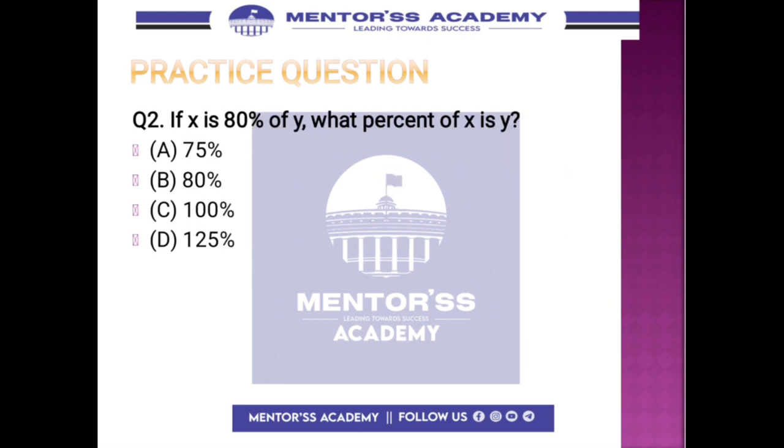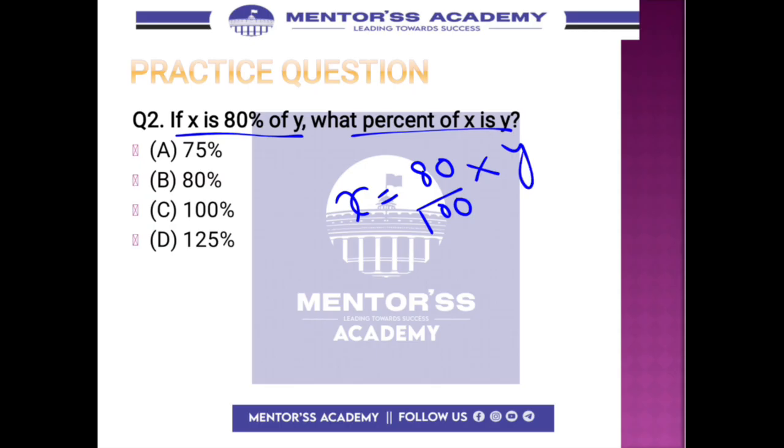Moving on to the next question. If x is 80% of y, what percent of x is y? Pause the video and try to solve it, and let's solve it here also. x is 80% of y, that is 80 by 100 into y, so x by y is 4 by 5. What did they ask?